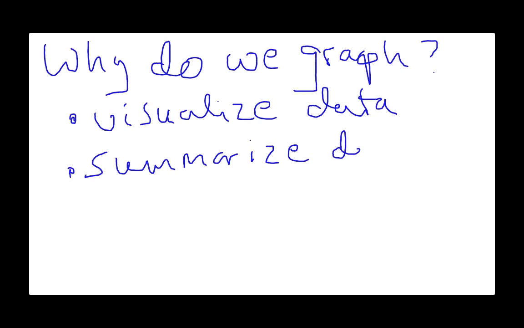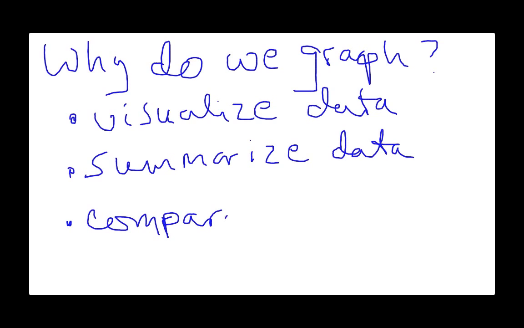And what does that mean? Well, if we have a data set that's enormous, we can't just look at a table in Excel or something like that and be able to analyze or interpret that data. So we really need to make a graph out of it so that it's visible, easy to see, and easily summarized.